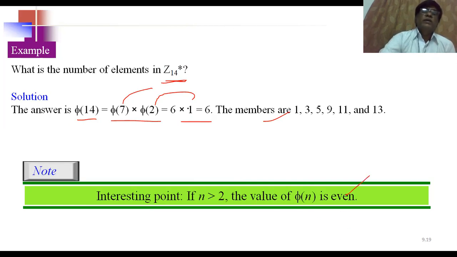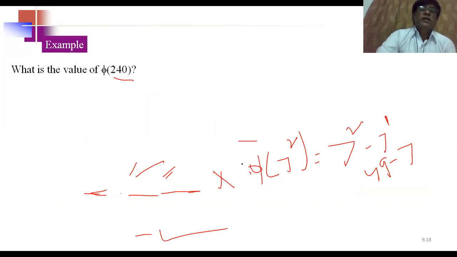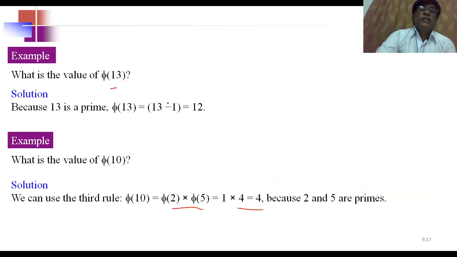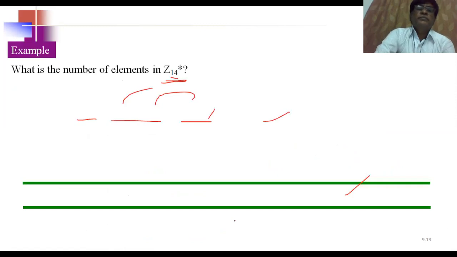If you observe this: for 14, the value is 6; for 49, the value is 42; for 240, it is 64. All are even. And for 13, it is 12; for 10, it is 4. All are even numbers. So for any number greater than 2, the phi value is even.